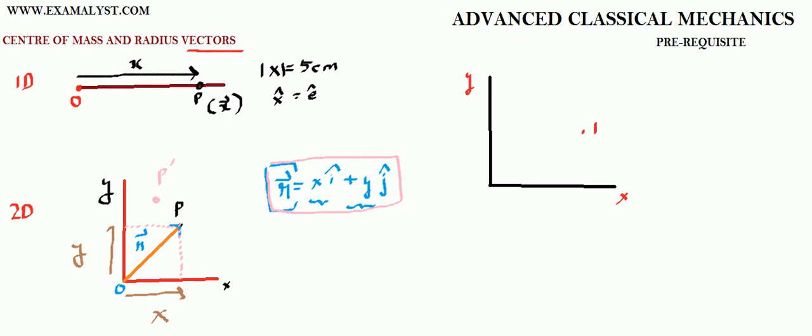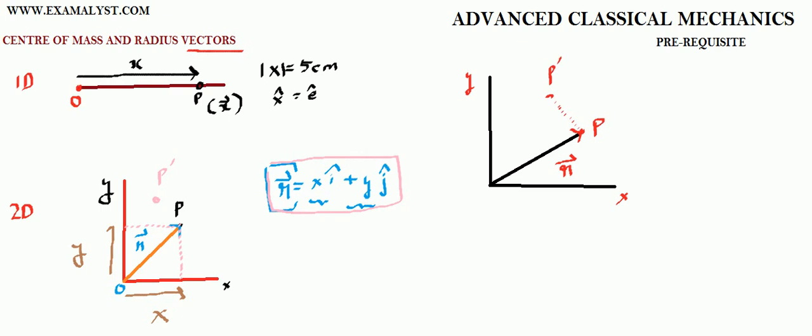This is point P. Initially point P had a radius vector, say r vector. Now say the point P goes to a new place, say P dash.